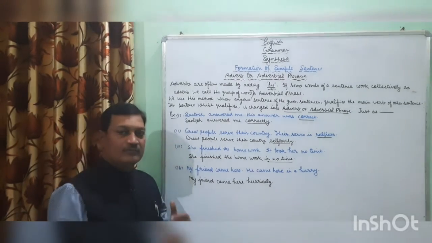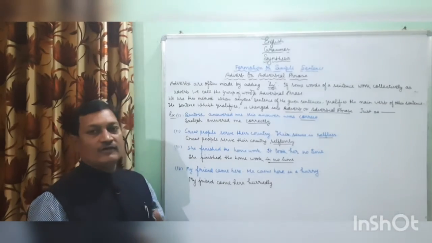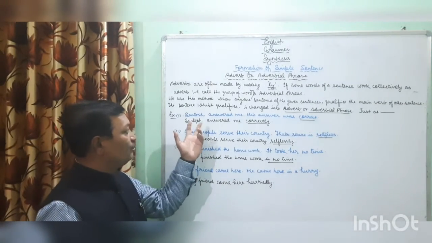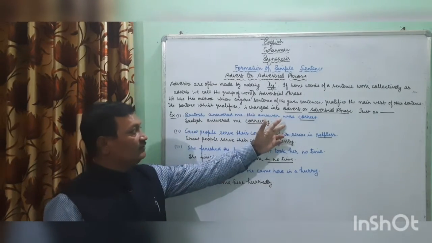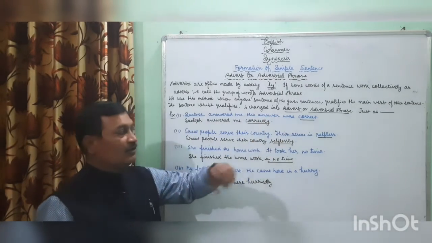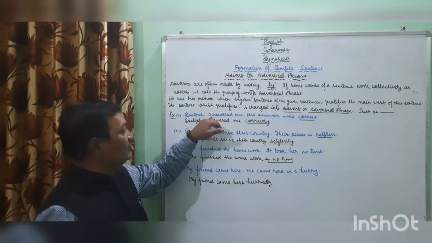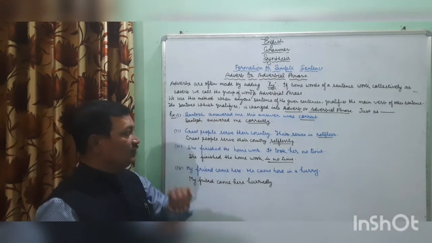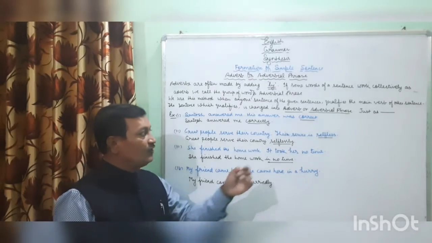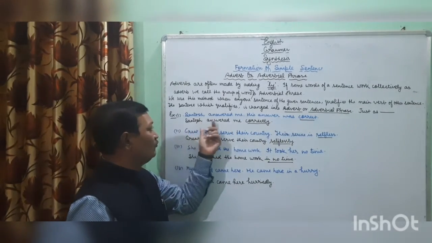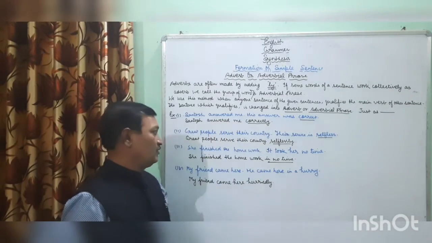Santosh answered me. His answer was correct. Students, if you see very attentively, you find that the second sentence, his answer was correct, qualifies the verb of the first sentence, Santosh answered me. That's why we'll make correct into the adverb correctly. Let's see. Santosh answered me correctly.